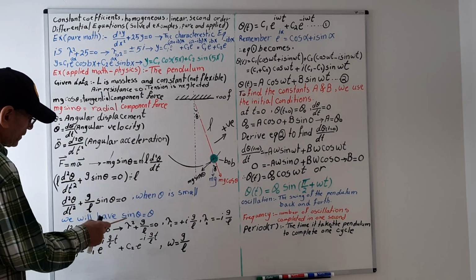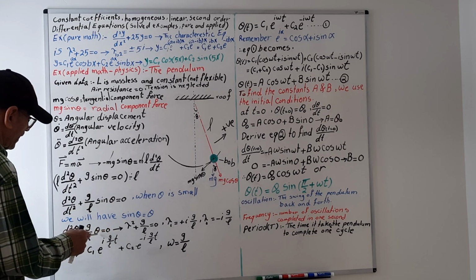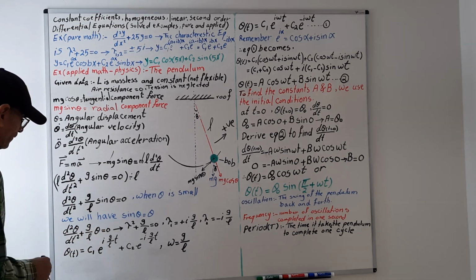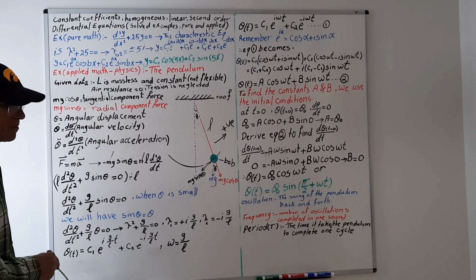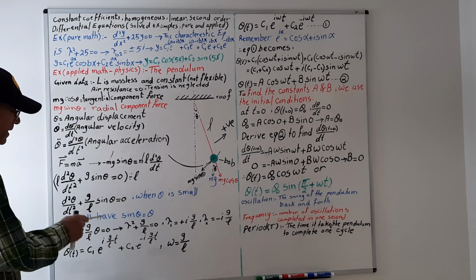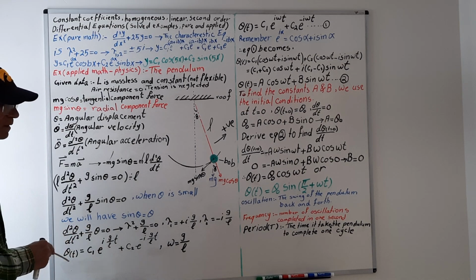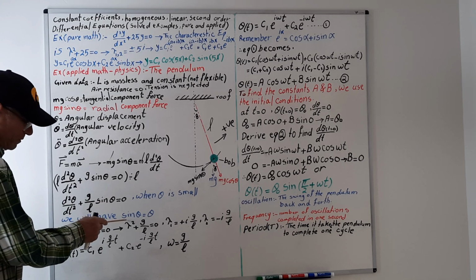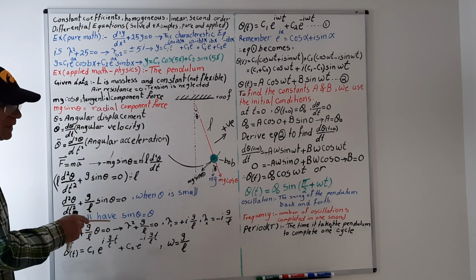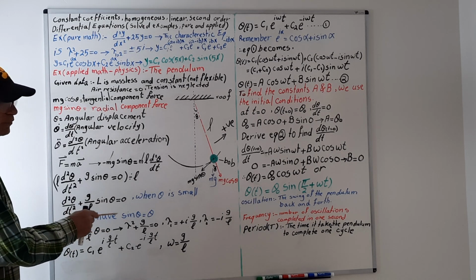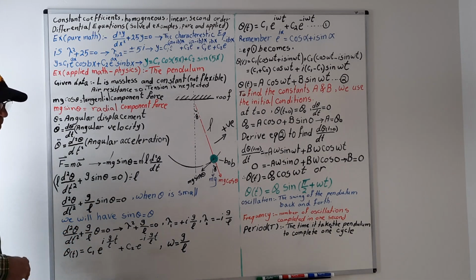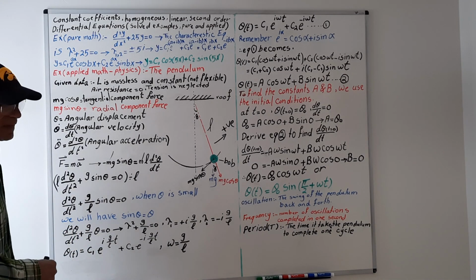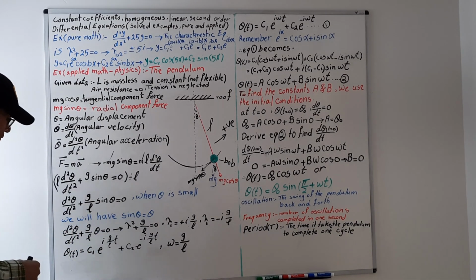So we put theta here instead of sine theta, just as an approximation to make the equation linear, because it's very hard to solve with sine theta, and we need software to solve that, like Mathematica or MATLAB or another software.